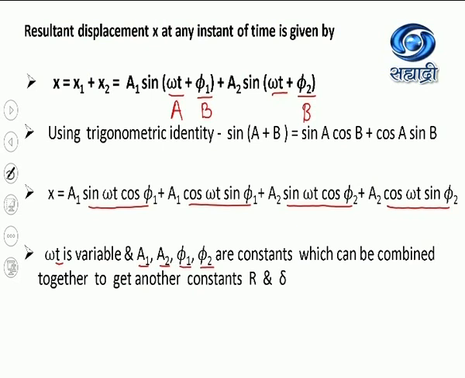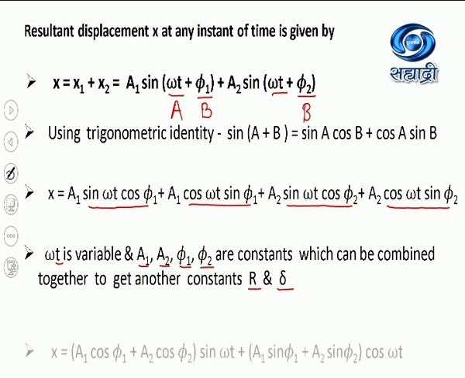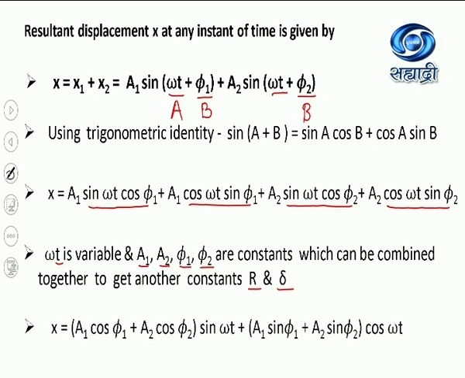If we combine the constant terms together, keeping omega t aside, we can introduce new constants, for example r and delta. Combining the terms of a1, a2, phi 1, phi 2 and separating out the omega t terms, we have x equal to, in a bracket, a1 cos phi 1 plus a2 cos phi 2.